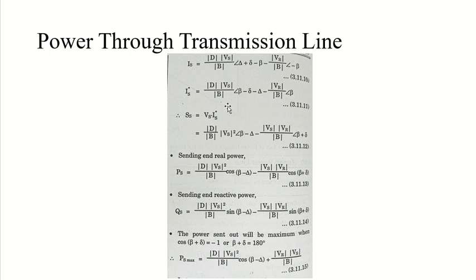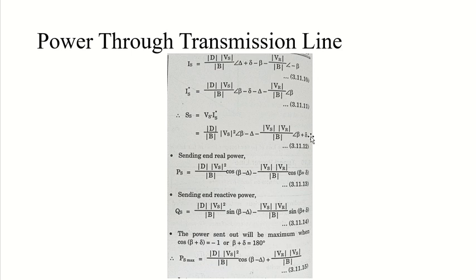In the second term, the angle associated with Vs was delta, but here we are having the value of delta in negative, and the value of delta which Vs came with was positive, so delta and delta cancel each other in the first term, and in the second term there is no delta associated, and in the numerator we are adding its value with beta. So that becomes your apparent power at sending end.